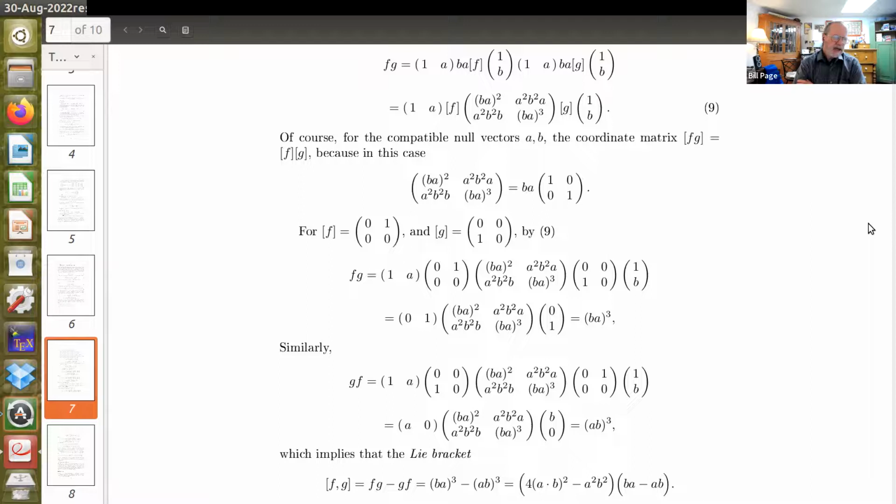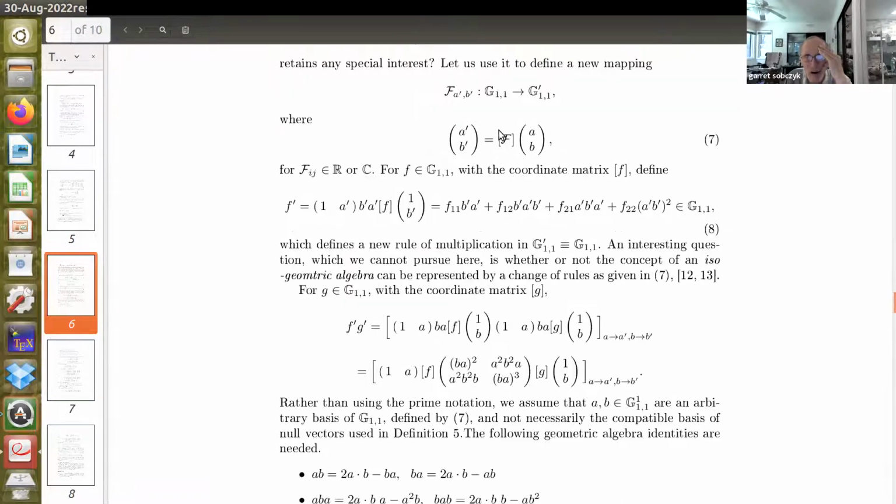But the A is not necessarily a null vector. No, in this case it is, because I say they're compatible null vectors, I should say satisfying equation 1. But everywhere else in here, where you write A, say in the next line, you are no longer assuming that they're null vectors. That's right. I'm no longer assuming this expression.